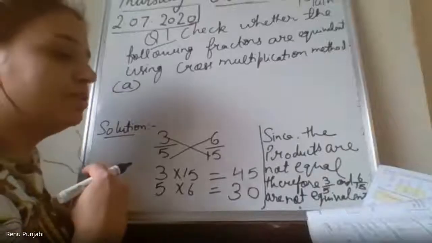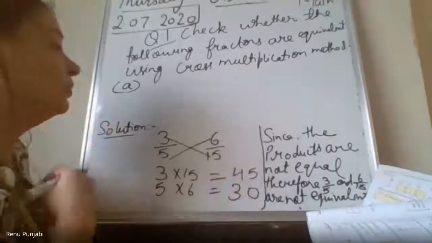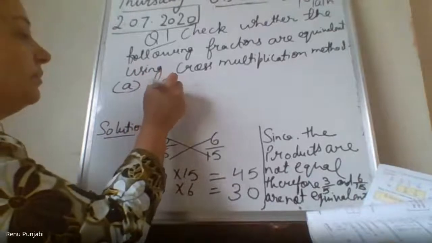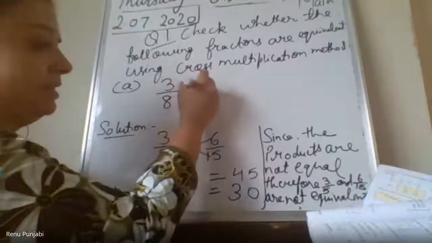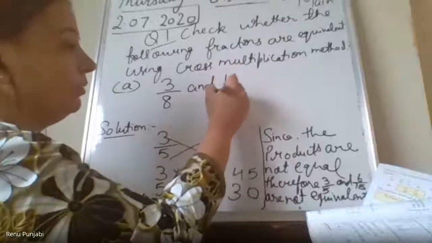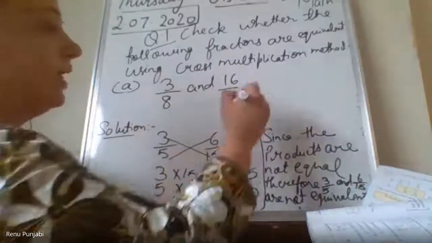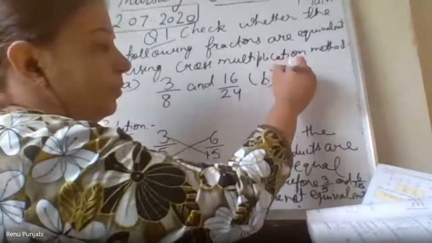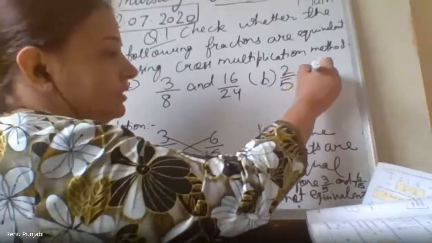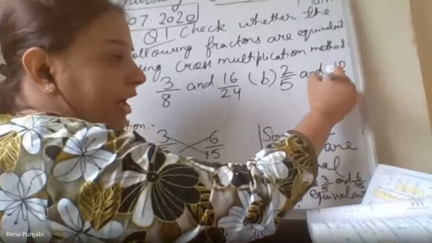Yes, you can write it in your own words. So switch off your microphones now, everyone. Okay, thank you. So now your first sum is 3 upon 8 and 16 upon 24. And the B sum is 2 upon 5 and 10 upon 25.